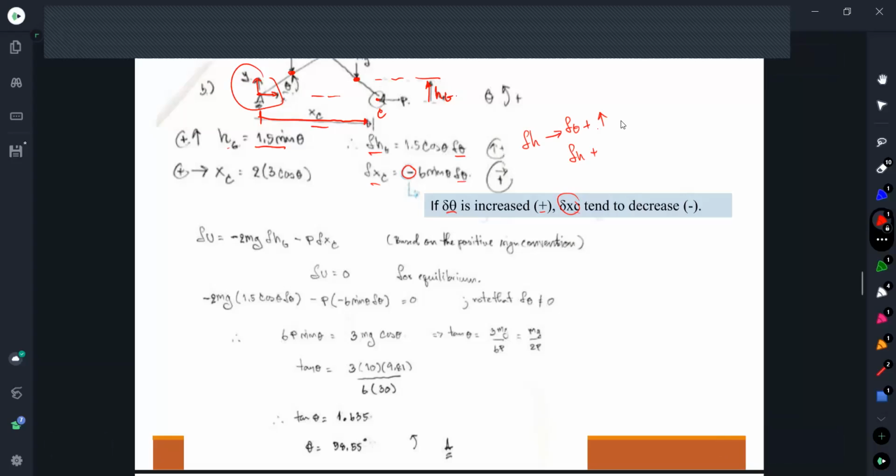Okay. So according to this, we apply the principle of virtual work.